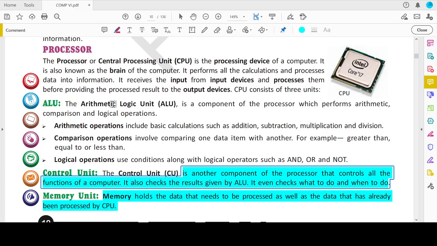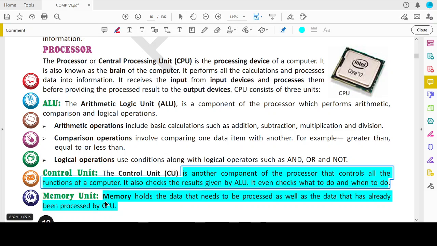The CPU has the arithmetic and logic unit that does the arithmetic operations, comparison operations, and logical operations. The control unit controls and checks the work done by the arithmetic logic unit, and it checks what is to be done and when to be done, right?